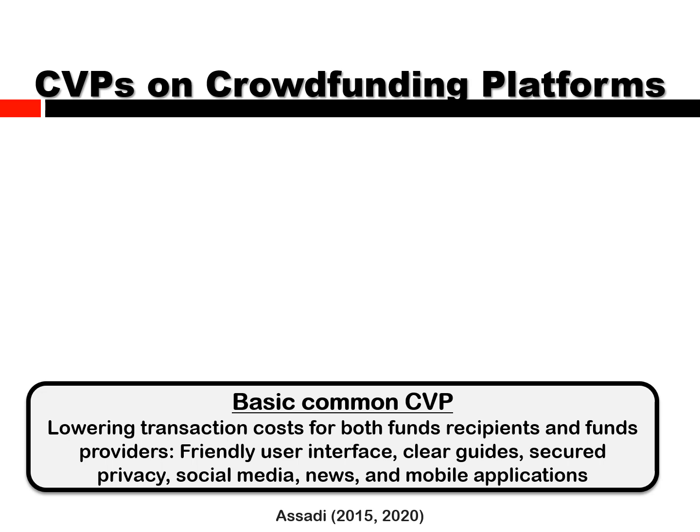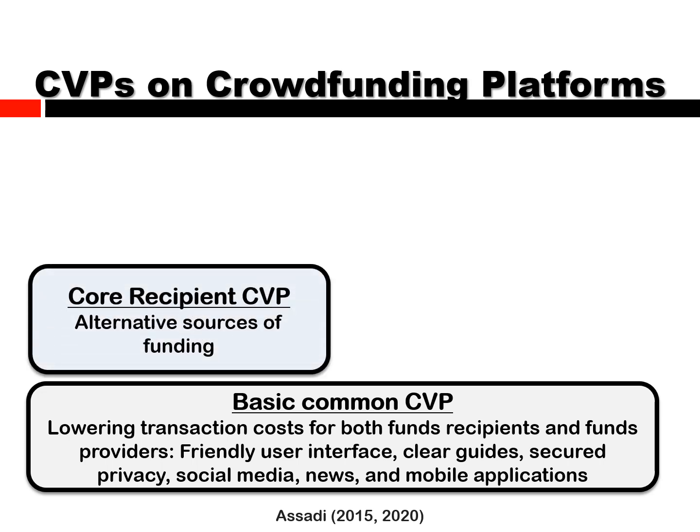Some need money, some can provide money, and the platform facilitates the interaction between them. The very first common customer value proposition is lowering the transaction costs, finding the right partner, analyzing the partner, giving some information about the partner, and so on.